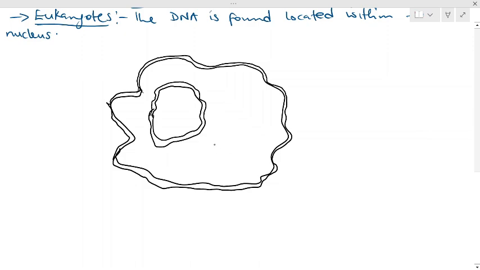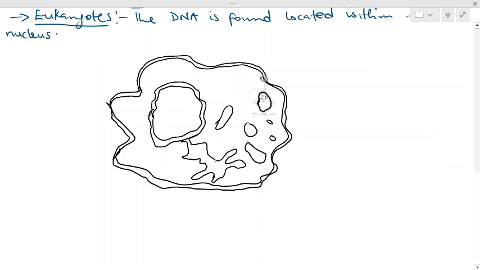Then you have other components that flow from the nucleus, and bodies like the Golgi vesicles.